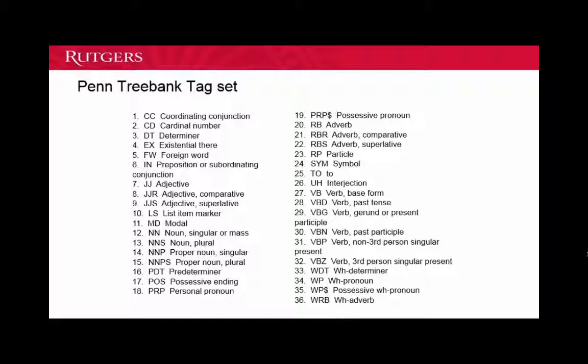These are the parts of speech in the Penn Treebank, a set of Wall Street Journal articles that they manually tagged. So you might have adjective as JJ, noun as NN, verb as VB, then things like past tense verb.